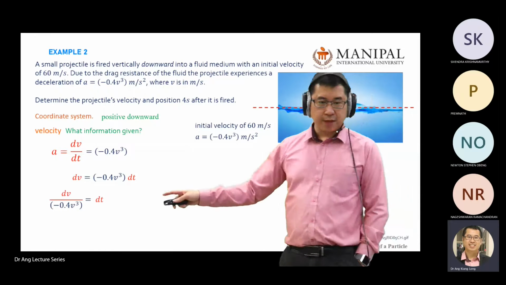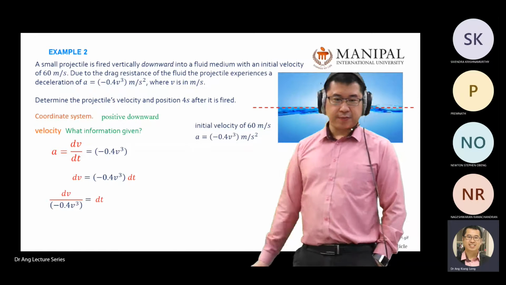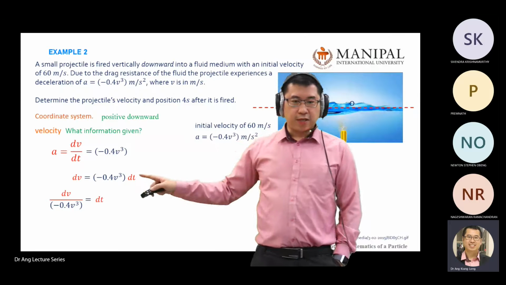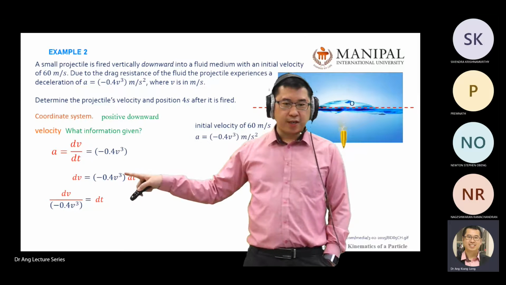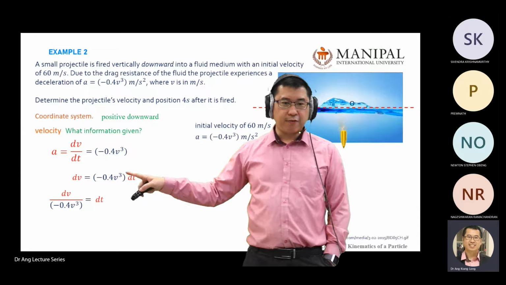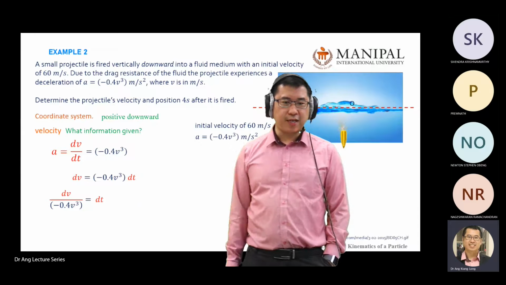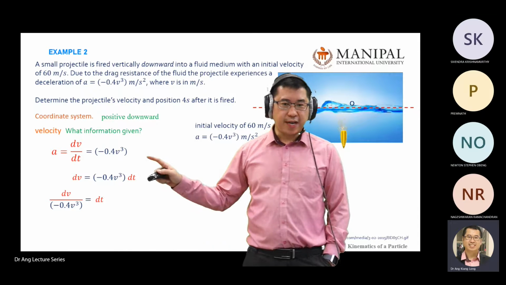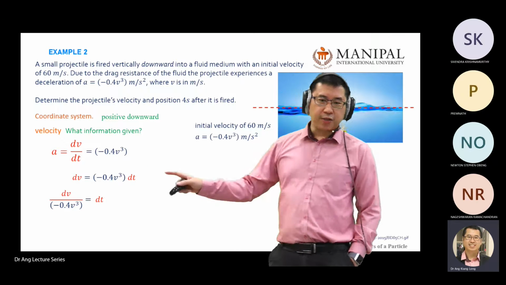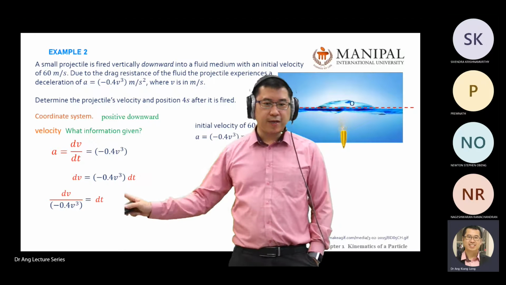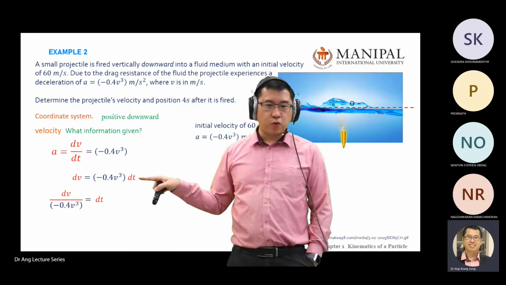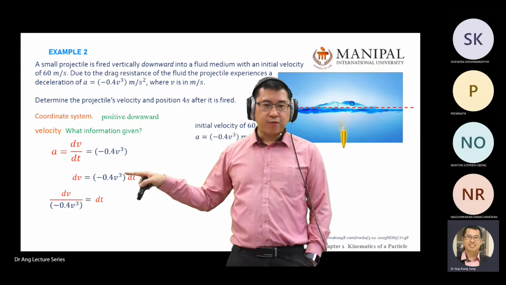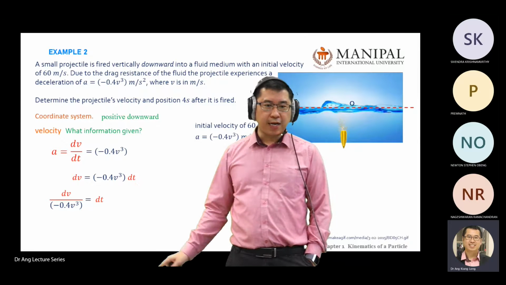Okay. Now to do integration, we always put the same terms together. If you see v, you should put v together. If you see x, the x should be put together. If you see t, the t should be put together. For example, from step 2, we move the v from the right hand side to the left hand side.